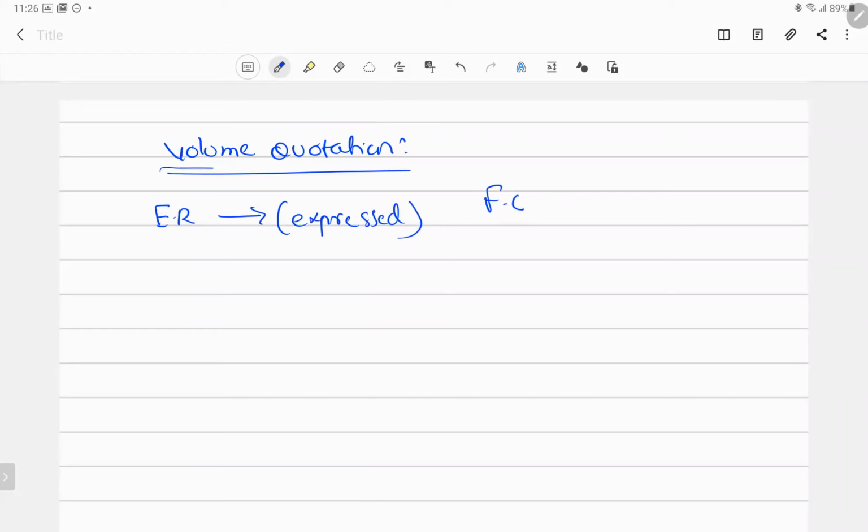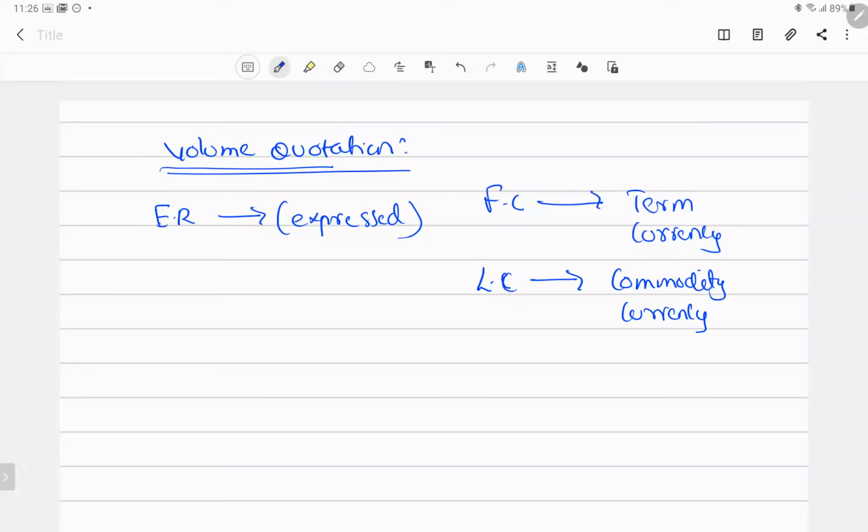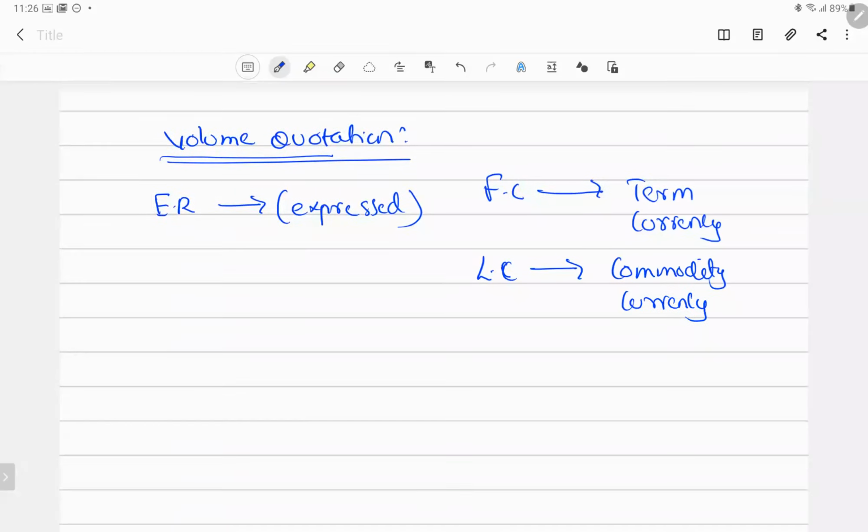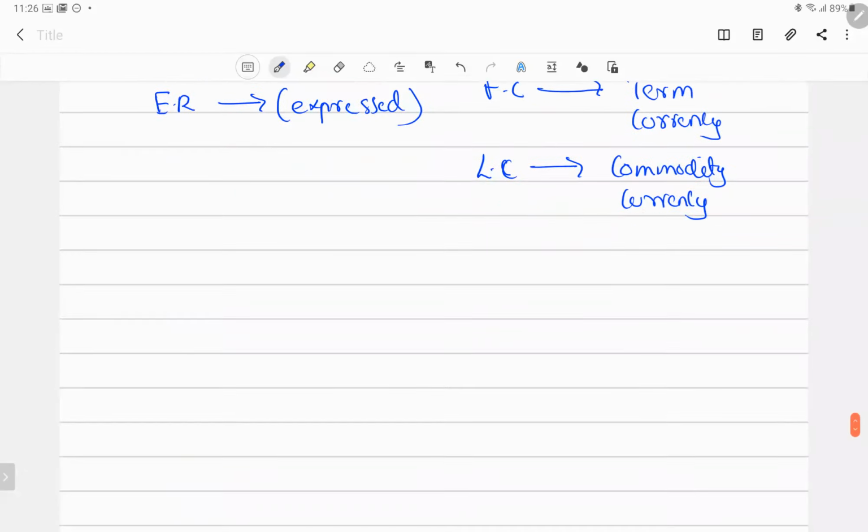When it comes to volume quotation, the foreign currency is nothing but your term currency. In the same way, the local currency, I put it as LC. Local currency is nothing but your commodity currency.